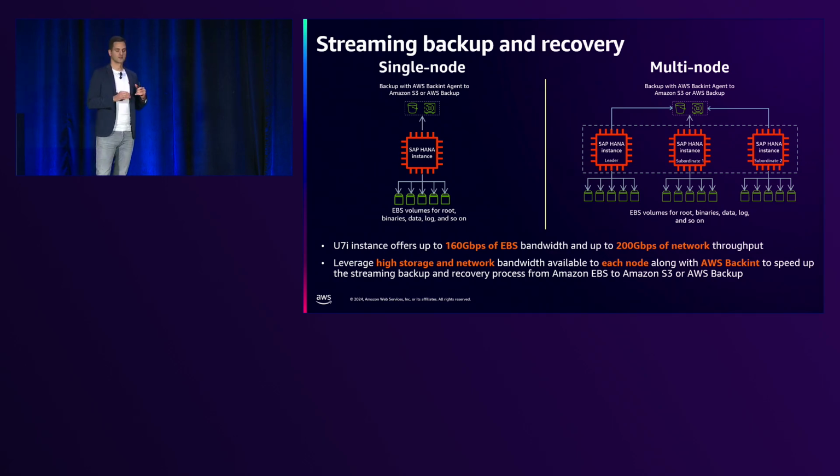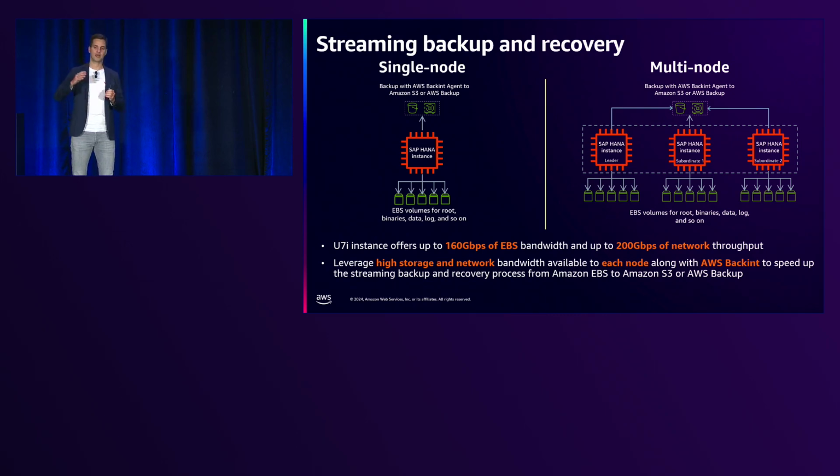That also uses the benefit of the dedicated network card, so up to 200 gigabits per second network throughput, while writing to S3. S3 in the background simply scales, so you don't need to worry about this. That also applies for the HANA scale-out, because here every node can write in parallel to S3.